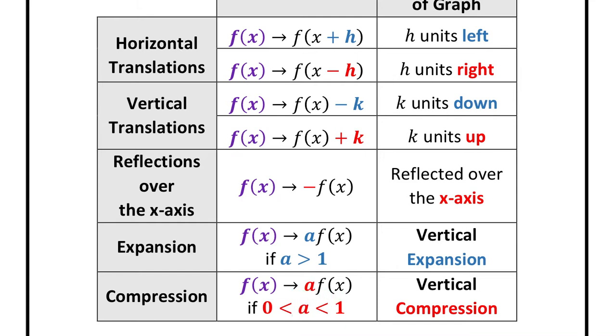So if you multiply by a large whole number, it's going to stretch out the quadratic function up vertically. If you multiply by a fraction, it's going to kind of squish it, vertically compress, which expands horizontally. And we'll see how that looks in the different examples that we cover.